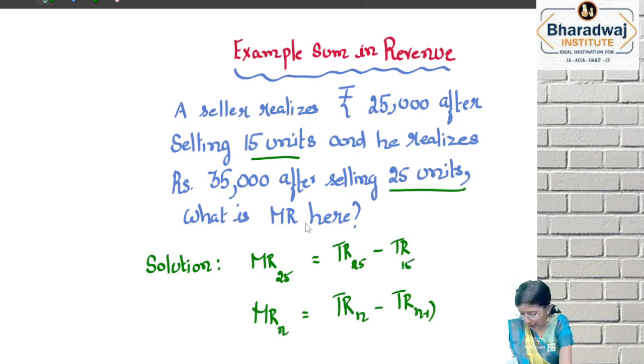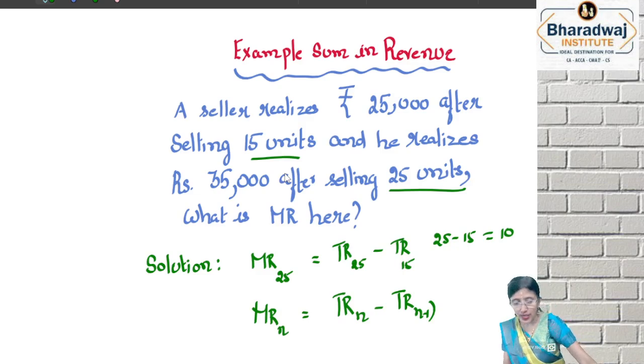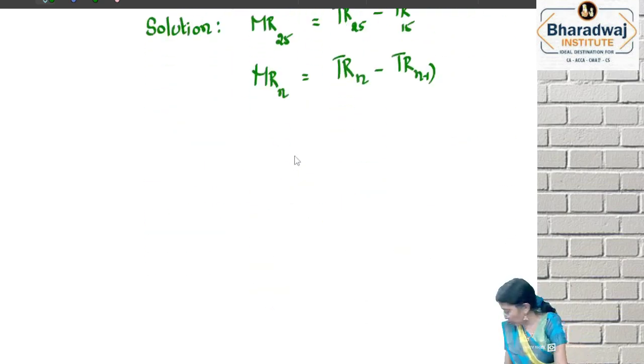TR of 25 minus TR of 15. Can you understand that? That's what we are going to do. So that is 25 minus 15. I get 10. Okay. Now go to the next one, where what is TR of 15 and what is TR of 25? So look at this, 35,000 minus 25,000, isn't it? So 35,000, yes.